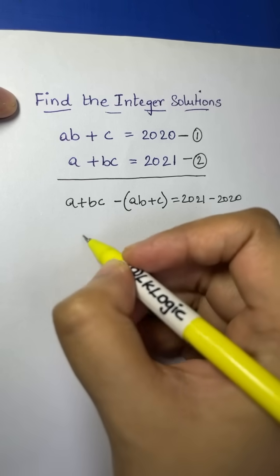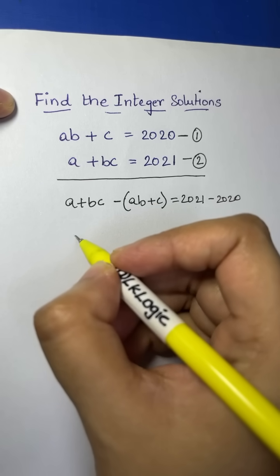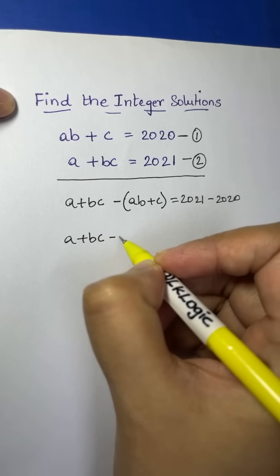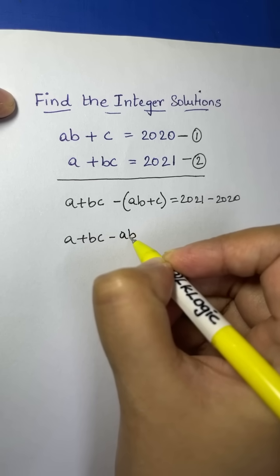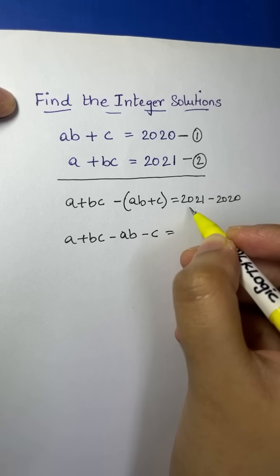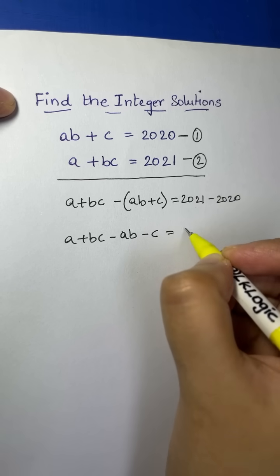Now just open up your parenthesis: A plus BC minus AB minus C equals 2021 minus 2020, which gives you 1.